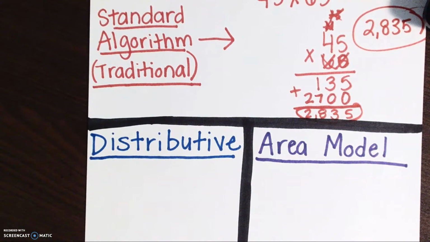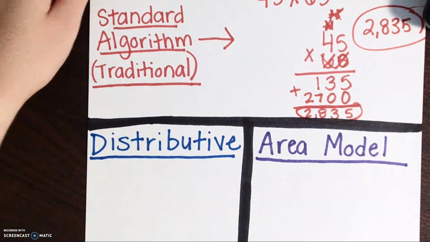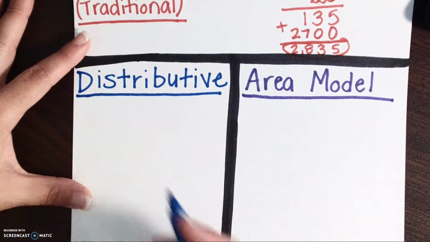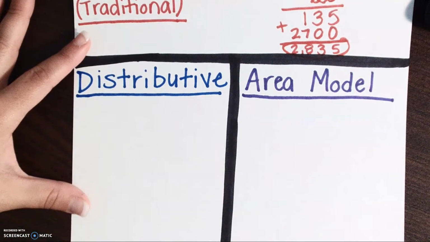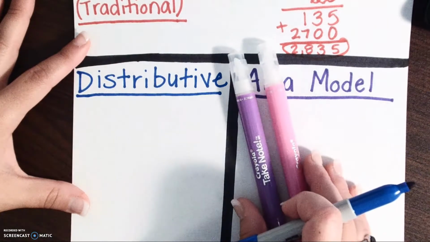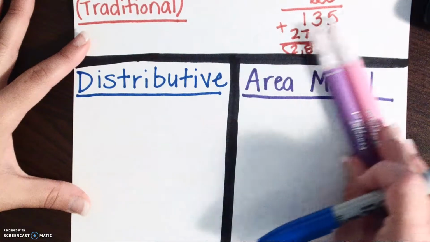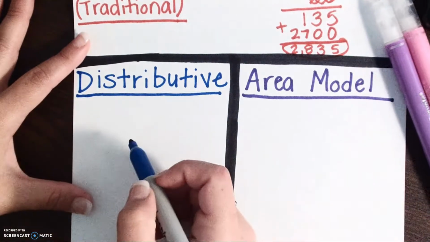With distributive, I like to use 2 colored pencils or 2 highlighters or 2 crayons to kind of keep up with what I'm doing. You'll understand why here in just a second. So if you don't already have 2 colors out to use as a shading color, then get those out so you can use them here in a minute to review.